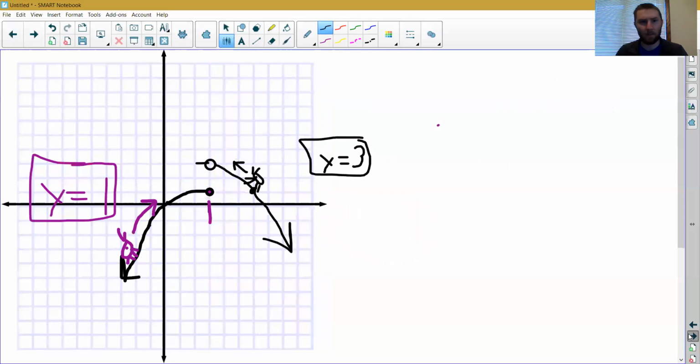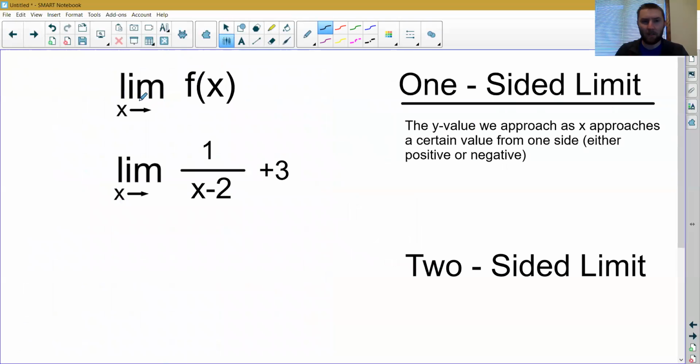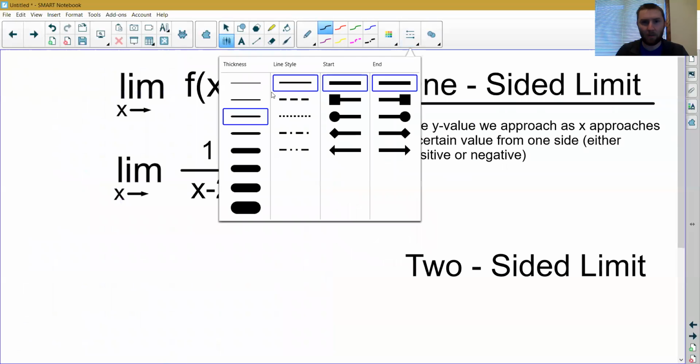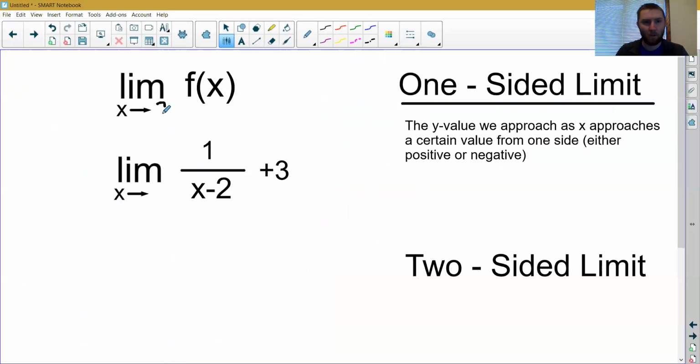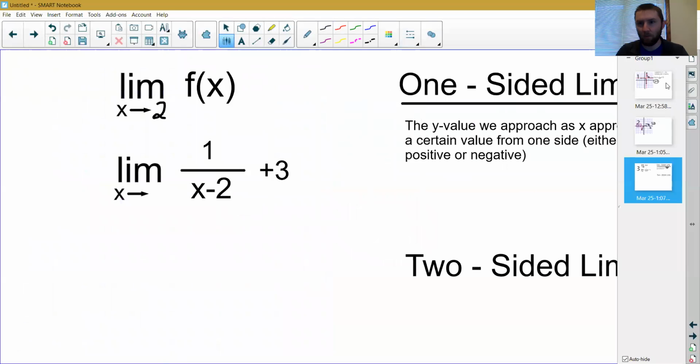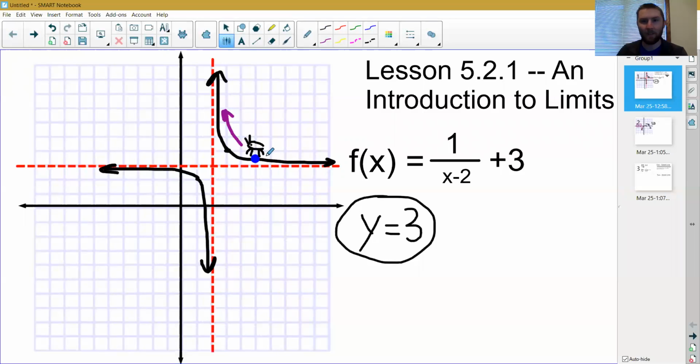If I go back to my limit stuff here, the limit as x approaches 2. Now Benny Bug in this case is approaching 2 from the positive side, because he's above x equals 2 right now, from above. And he's sort of going backwards in the x direction, approaching 2.